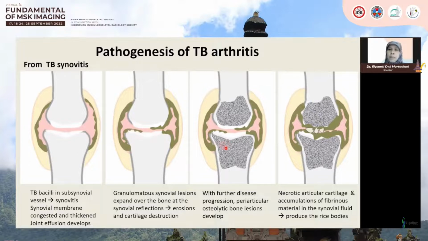With further disease progression, periarticular osteolytic bone lesions will develop. Necrotic articular cartilage and accumulation of fibrinous material in the synovial fluid can produce the rice bodies.